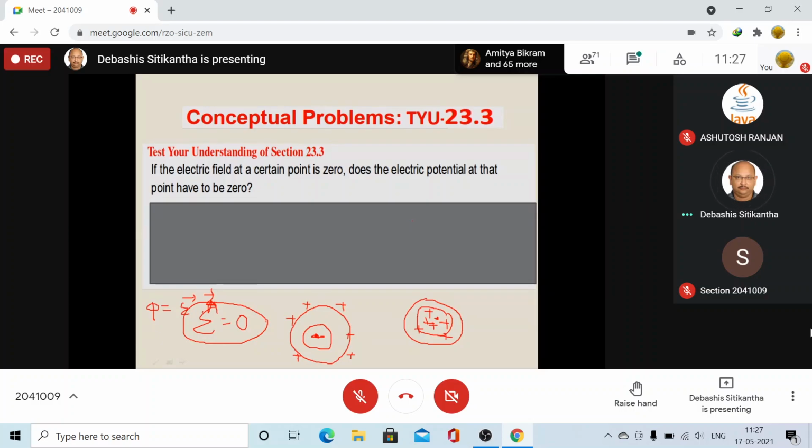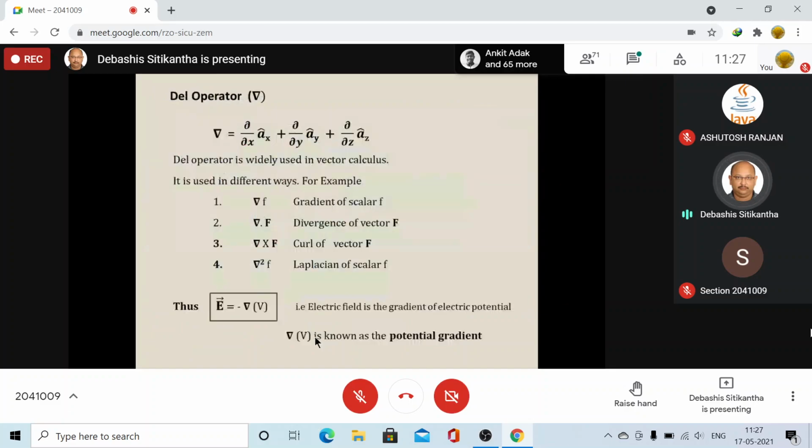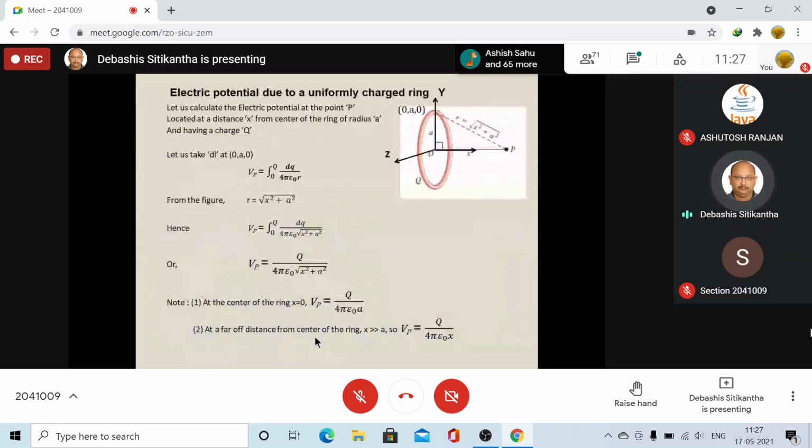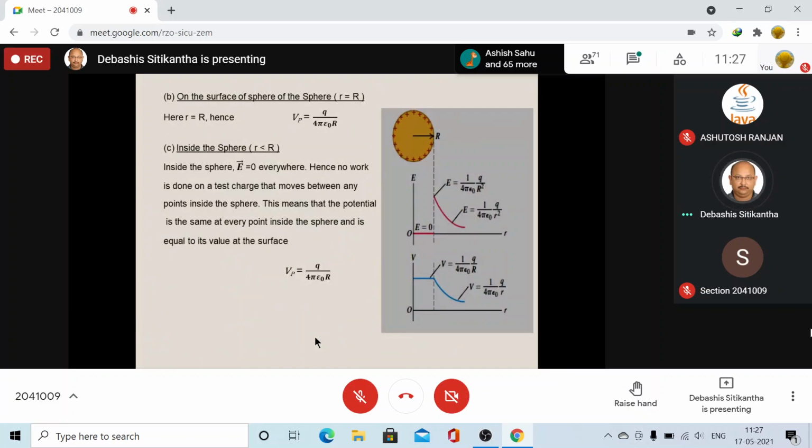But inside it, the potential is not going to be 0. Yes or no? Because if you remember, we have already done this. When we studied the electric potential at a point inside the sphere, we got the value Vp equal to Q by 4 pi epsilon 0.